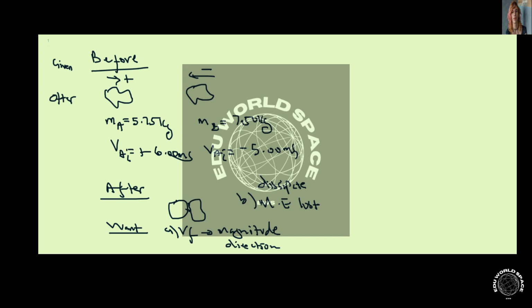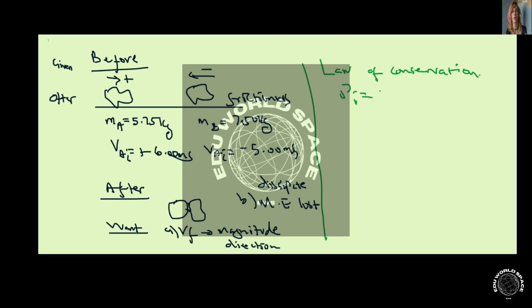In this case, we have a frictionless surface, so we'll use the conservation of momentum to show that the initial momentum equals the final momentum. That will help us isolate the final velocity. When they collide with each other, they end up having a common velocity as part of the final momentum.